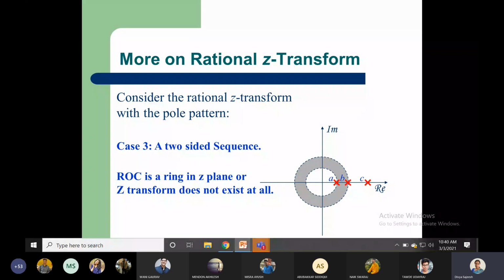Now can you tell what can be the case in which the region of convergence does not exist? Any idea?